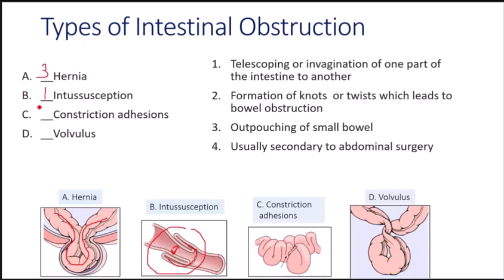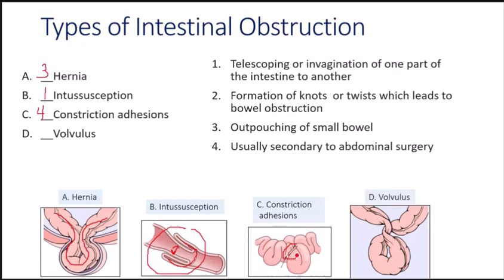Constriction adhesions. These are usually secondary to abdominal surgery. So somebody can have surgery for something, and there's an irritation after surgery that can lead to the formation of adhesions that end up causing an obstruction.